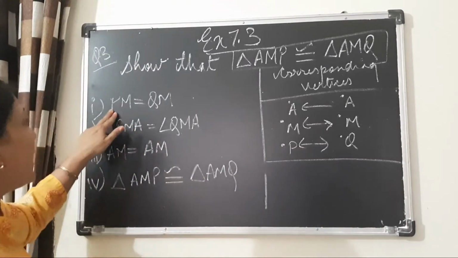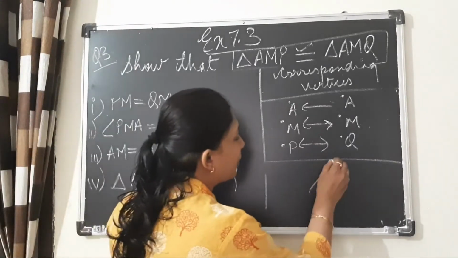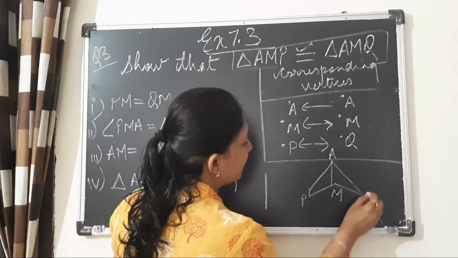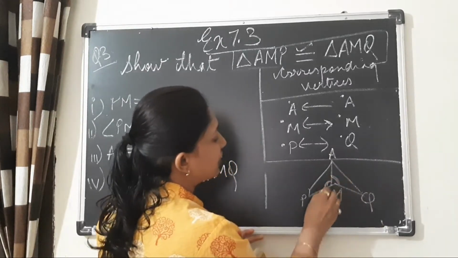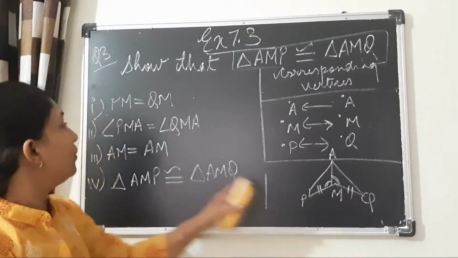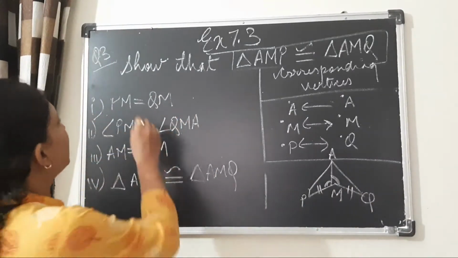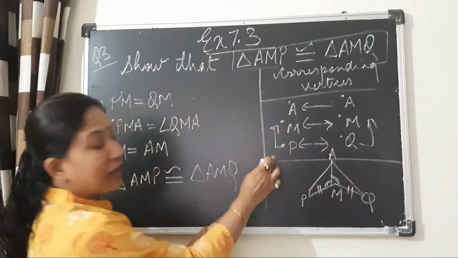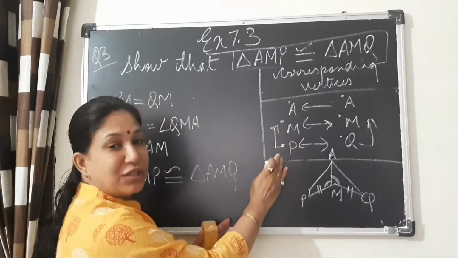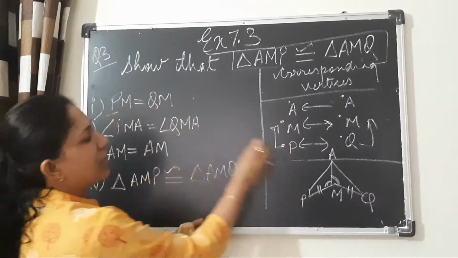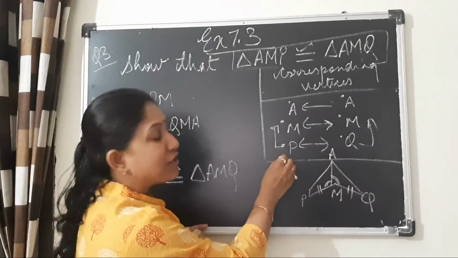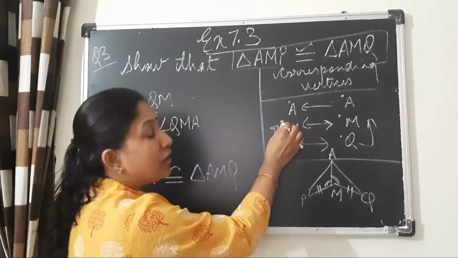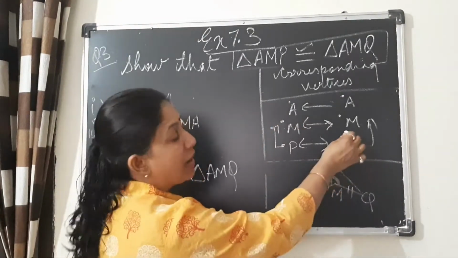We will see PM is equal to QM. Let me draw a rough diagram of this: A, M, P, Q. These two angles were given equal and these two sides were given equal. First see PM and QM. Vertex P is matching with Q, so the order should be the same: it should be QM, not MQ.